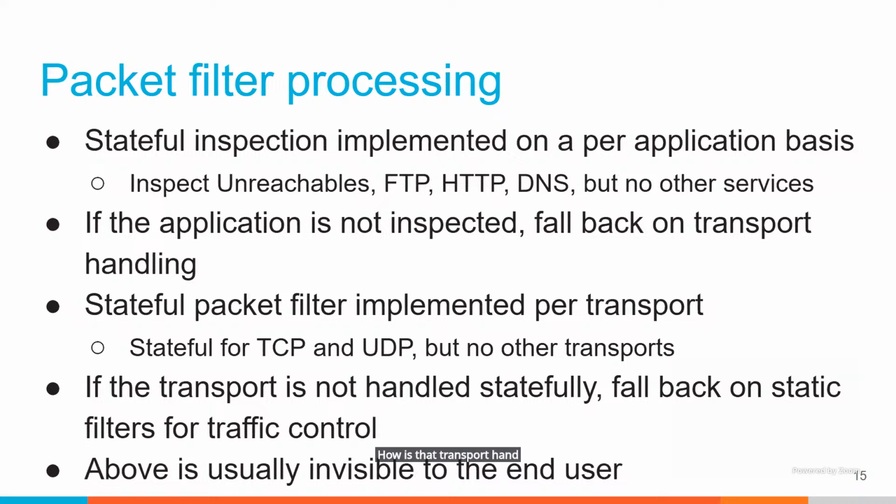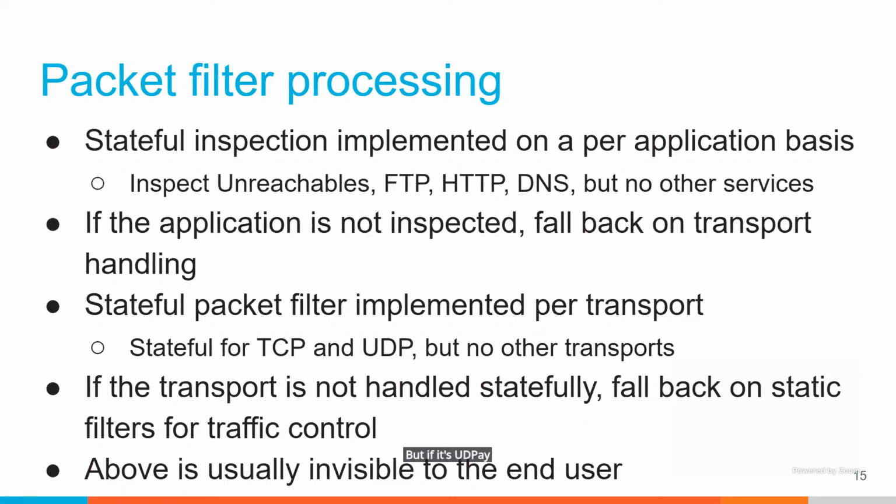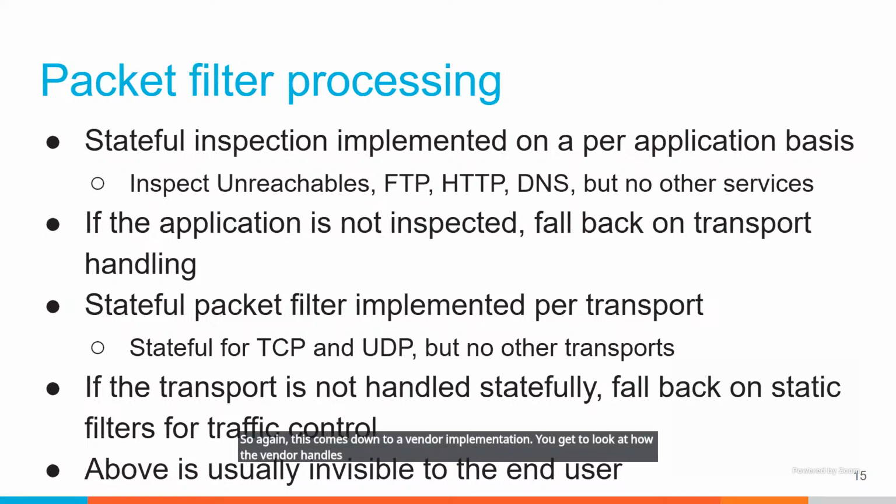So we may say, hey, TCP has flags, we don't need to worry about that too much, so we're just going to do static filters. But if it's UDP, we'll be stateful for UDP packets, but not TCP. So again, this comes down to a vendor implementation. You've got to look at how the vendor handles it. If we don't statefully packet filter the transport, it falls back on static.